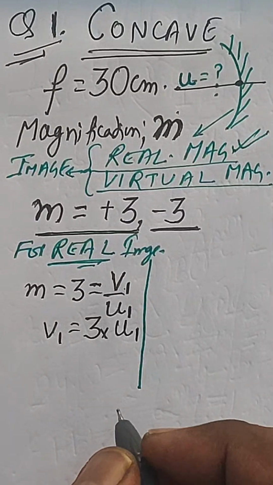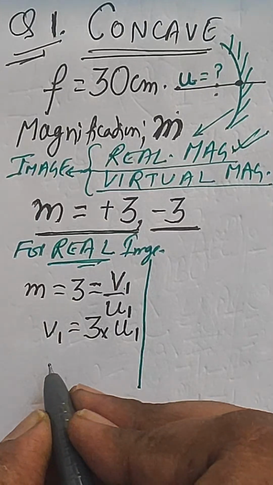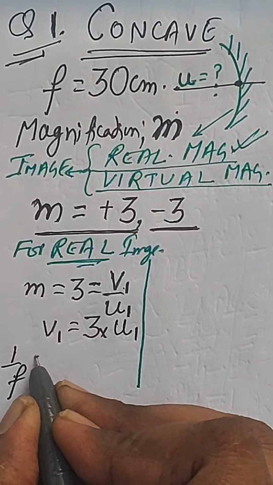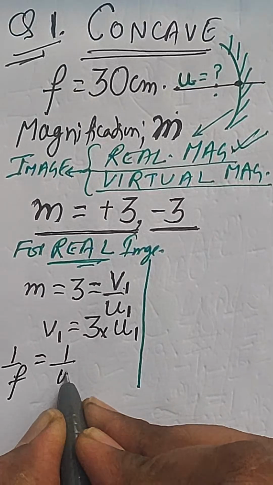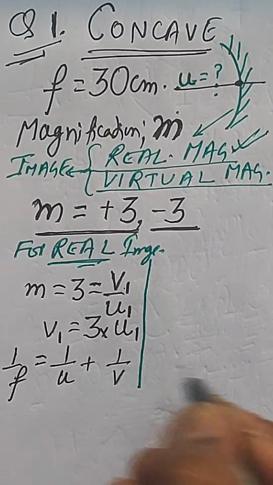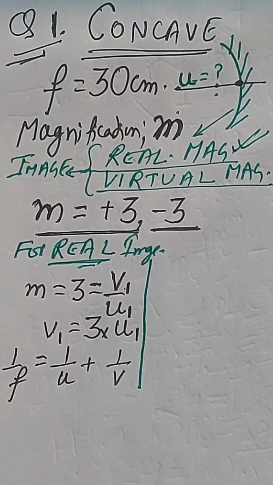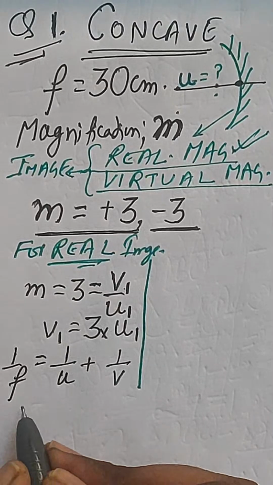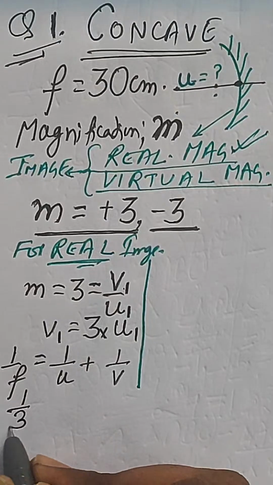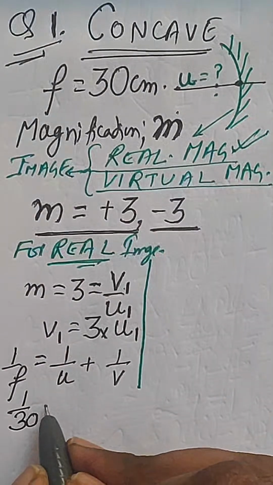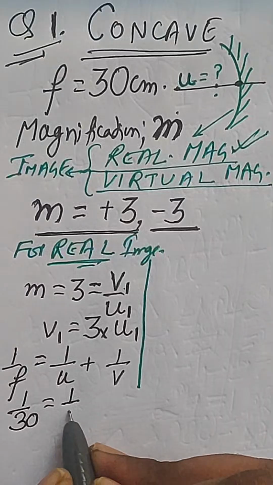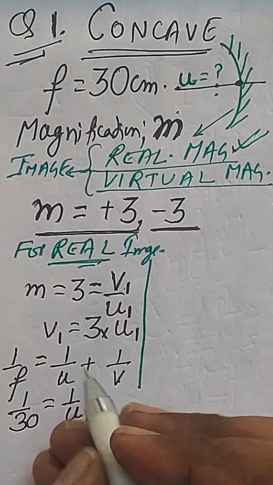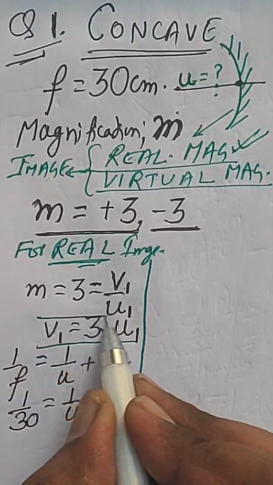Then apply the formula 1 by f is equal to 1 by u plus 1 by v. Here we know the value of f, that is 1 by 30 is equal to 1 by u1, and in place of v just write this v1.